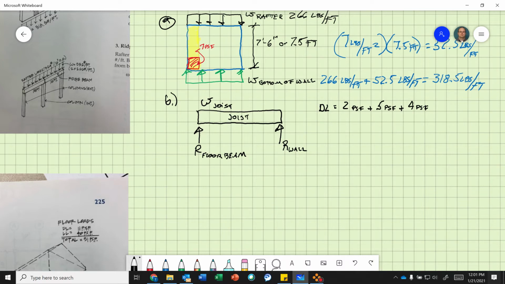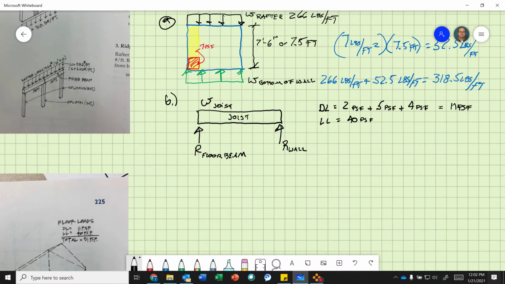Now the live load. We don't have to do any horizontally equivalent loads because it's already horizontal. Live load, snow load, walls, and then the rafter we already have. All right, so our dead load is 2 plus 5 plus 4, that's 11 PSF, and then our live load is the occupancy load, which is 40 PSF.